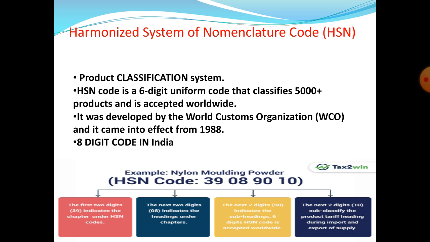The resultant figure of HSN is a 6-digit code. It is the best logical system of classification and identification adopted in international trade to reduce the effort and cost related to procedures in international trade, especially relating to taxation and identification of particular products.